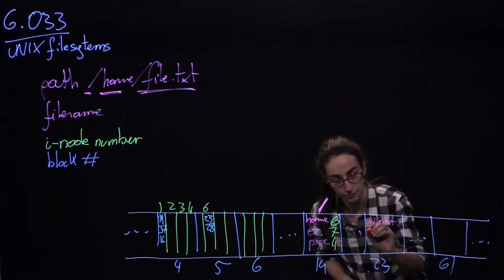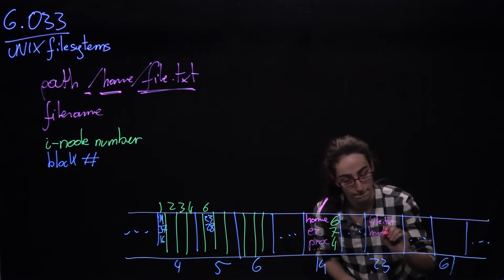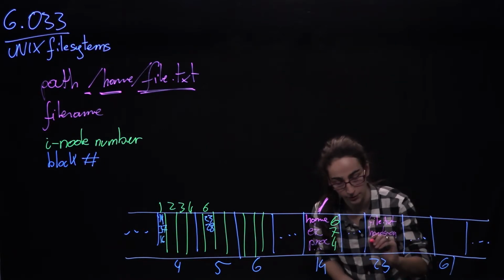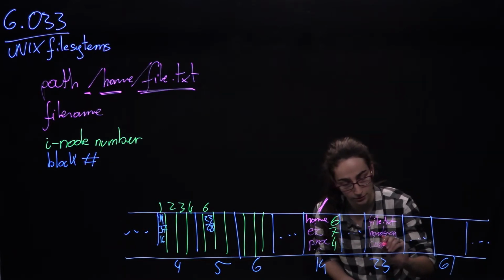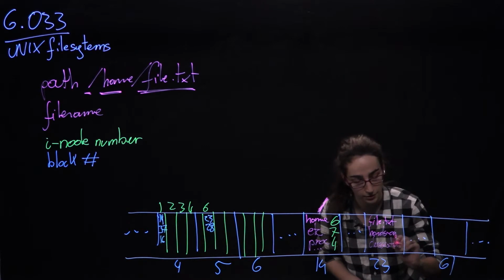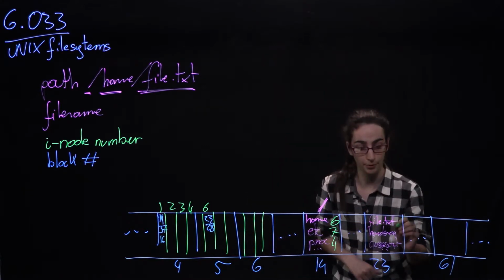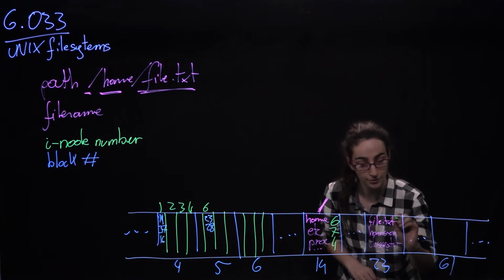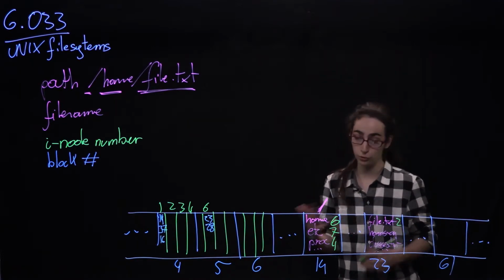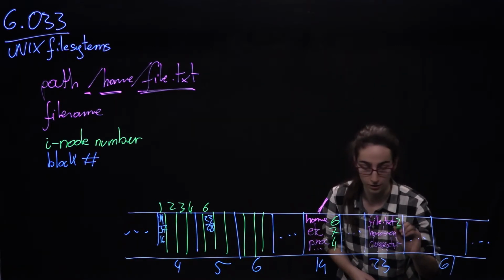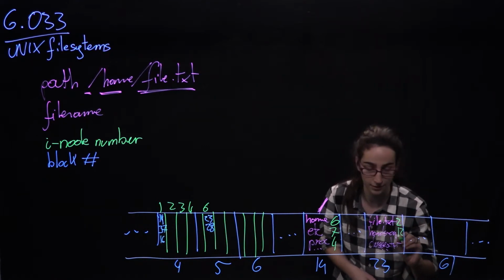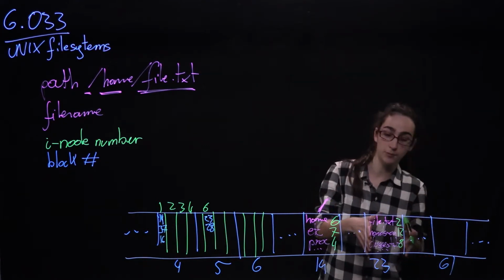And maybe, I don't know, hands-on, classes.txt, and a bunch of other files. And these will each have an inumber associated with them. So let's say that file.txt has inode number 2, the hands-on might have inode number 12, classes.txt might have inode number 8. And then we repeat this process again.